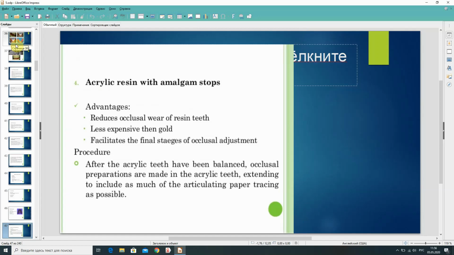Acrylic resin with amalgam stops. Advantage: reduced occlusal wear of resin teeth, less expensive than gold, facilitates the final stages of the occlusal adjustment procedure. After the acrylic teeth have been balanced, occlusal preparations are made in the acrylic teeth, extending to include as much of the articulating paper tracing as possible.